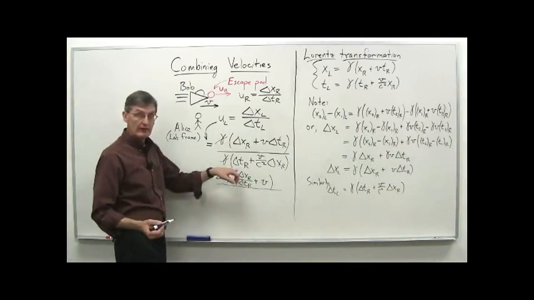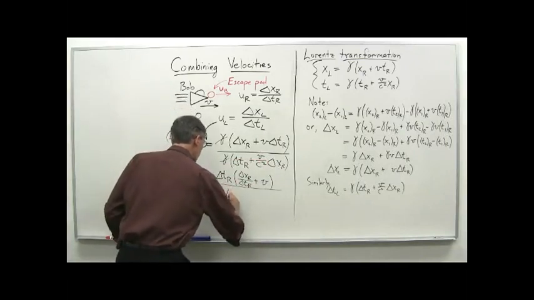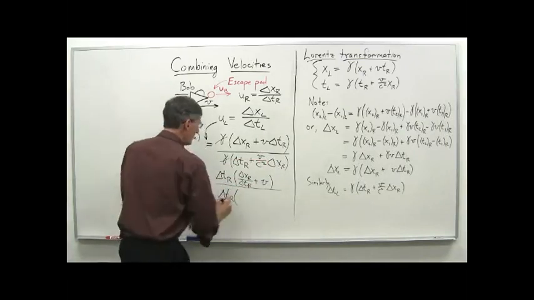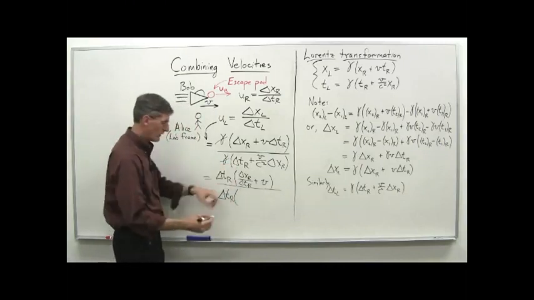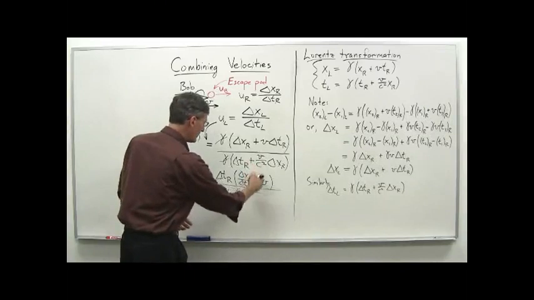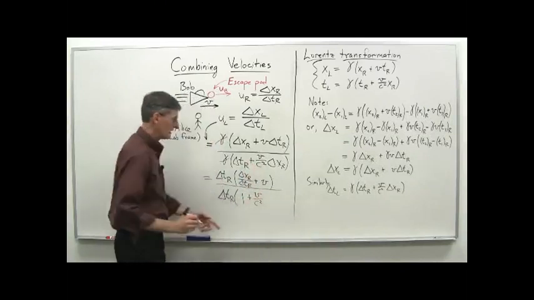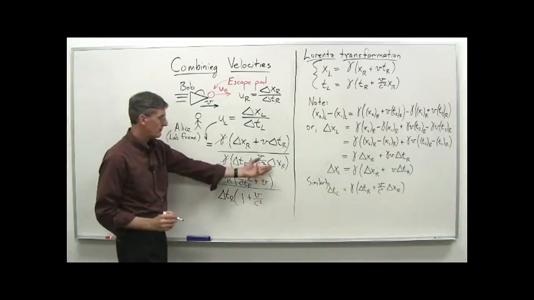Now let's do the same thing for the bottom, the denominator. So we're going to pull out a delta t sub r. And this first term just becomes 1 then, because delta t sub r times 1 is delta t sub r. And then I've got the v over c squared here. That's not going to change. And I pulled out a delta t sub r from this term.